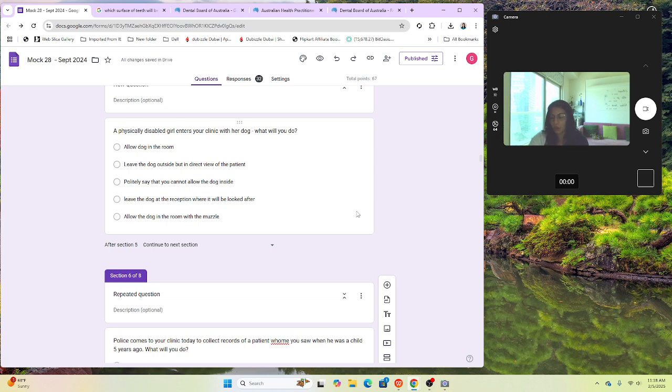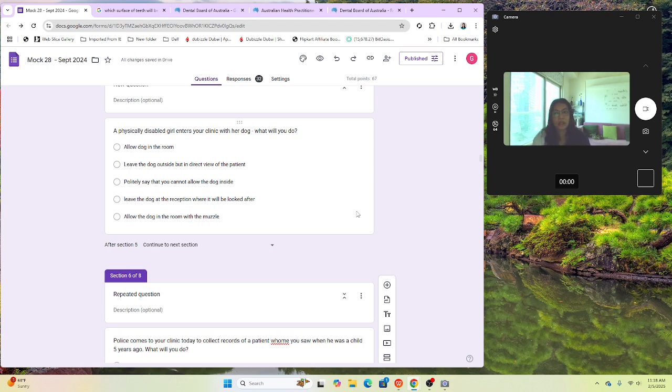So that dog stays in the clinic, and whichever patient comes who would like to take the dog and be comfortable around during the treatment, then that dog is allowed in the operatory room.